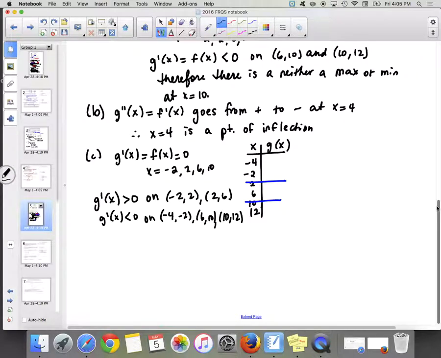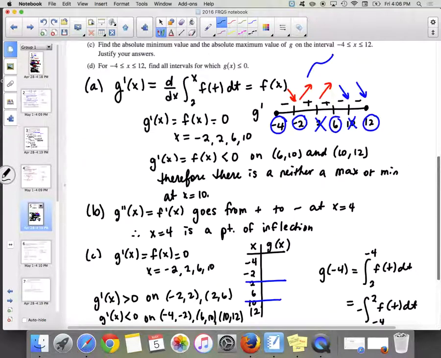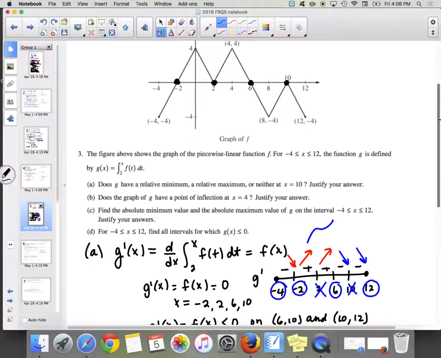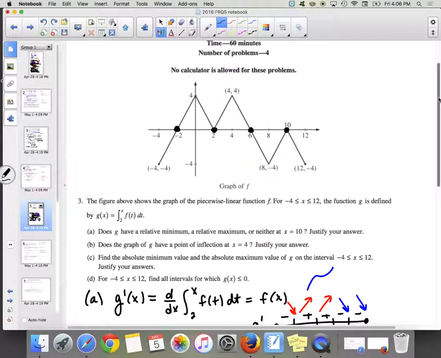Okay, so let's figure out what g of -4 is. So g of -4 is the integral from 2 to -4 of f of t dt, which really is -4 to 2 of f of t dt with a negative out front. So we're finding these different areas. So up here, we have these areas of these triangles.